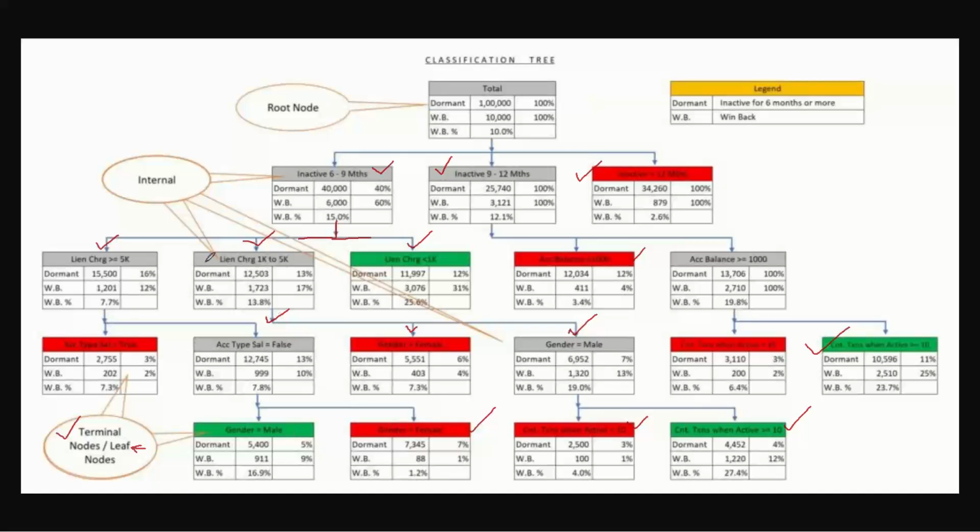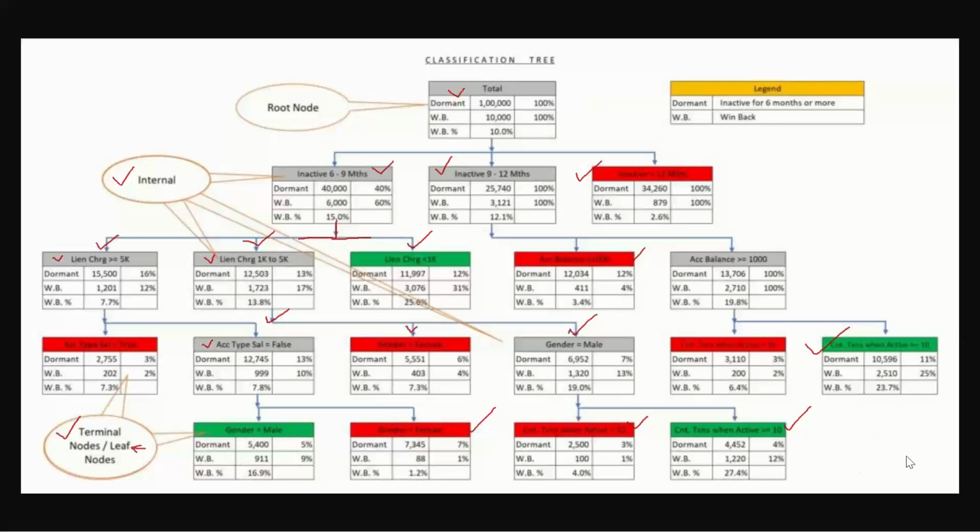The nodes which are split further, which are gray shaded here in the picture, those are called internal nodes. And the starting node we have already seen is called the root node.